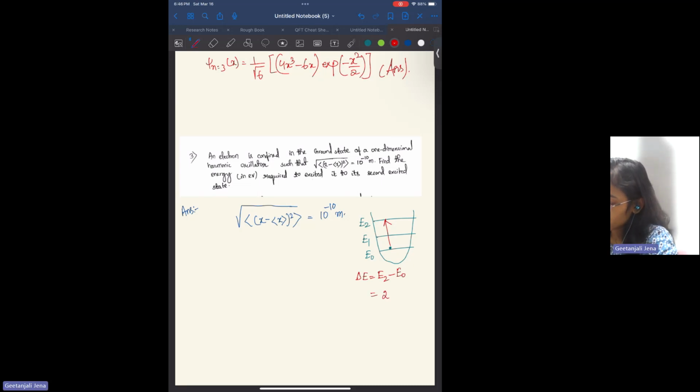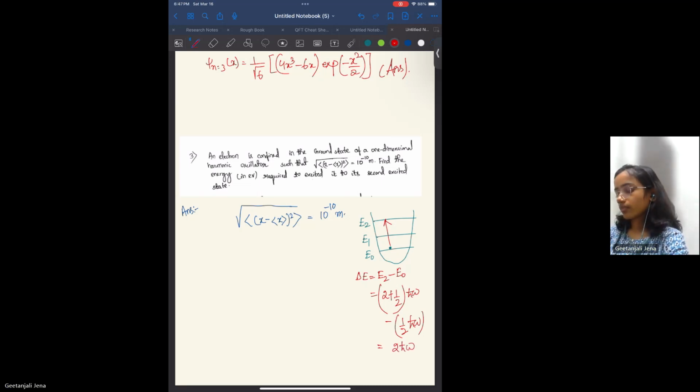So E2 is 2 plus half h bar omega, and E0 is half h bar omega. So that means delta is 2 times h bar omega. So the energy required to excite to the second excited state is 2 times h bar omega. H bar you know in electron volt, but you don't know the omega term.